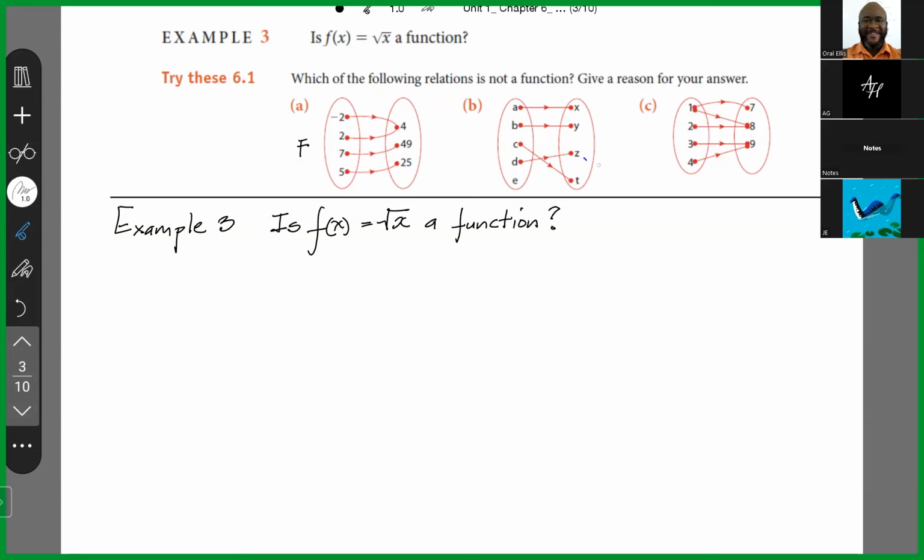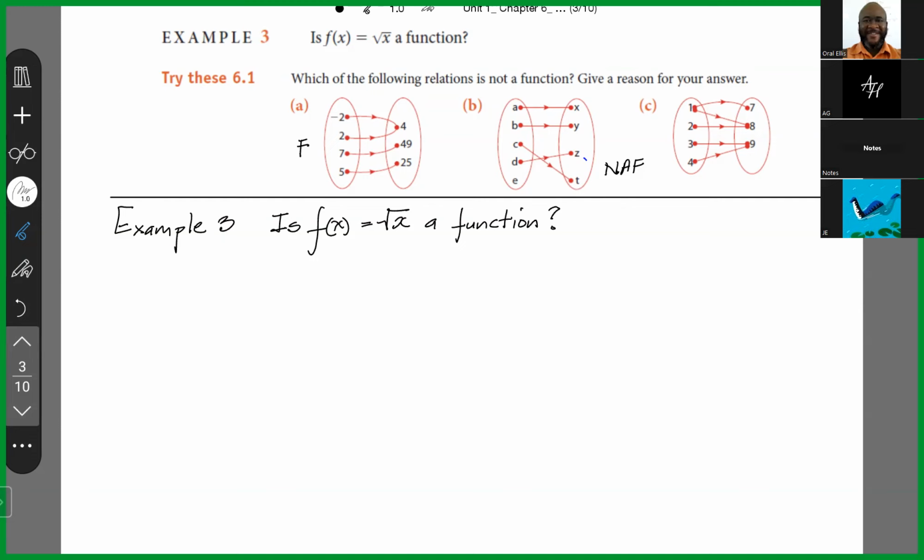B is not a function. Now, B is not a function because E in the domain is not mapped to any element in the codomain. So in other words, that E in B disqualifies B from being a function, because E is the value in the function B for which the function is undefined.